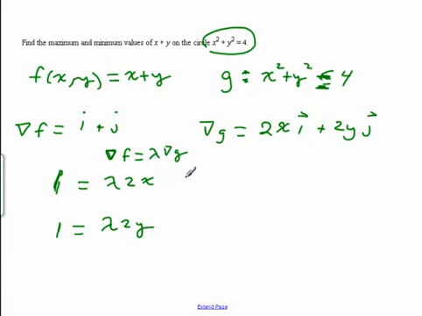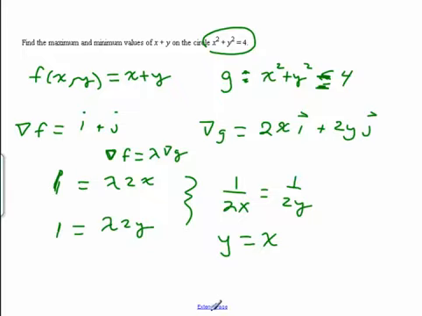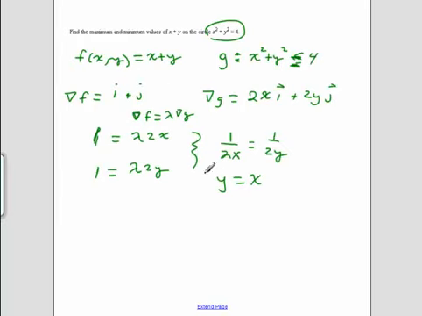So if we simplify this, we get 1 over 2x must equal 1 over 2y, or in other words, y must equal x. Given this, we could further simplify to get x squared plus x squared must equal 4.